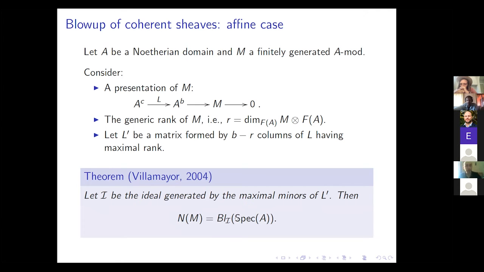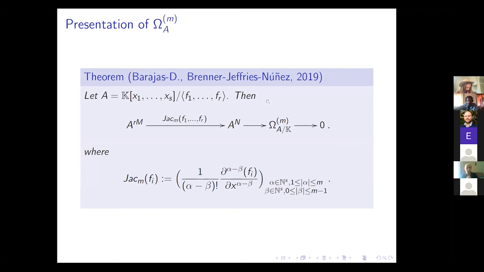So we want to find these three ingredients for the specific module that we are studying, the one that Fernández de Bobadilla-Docampo introduced, in the particular case of omega m. First, a presentation. Recently, together with Paul Barajas and independently, Holger Brenner, Jack Jeffries, and Luis Núñez-Betancourt, we proved that for finitely generated algebras, there is this presentation of omega m.